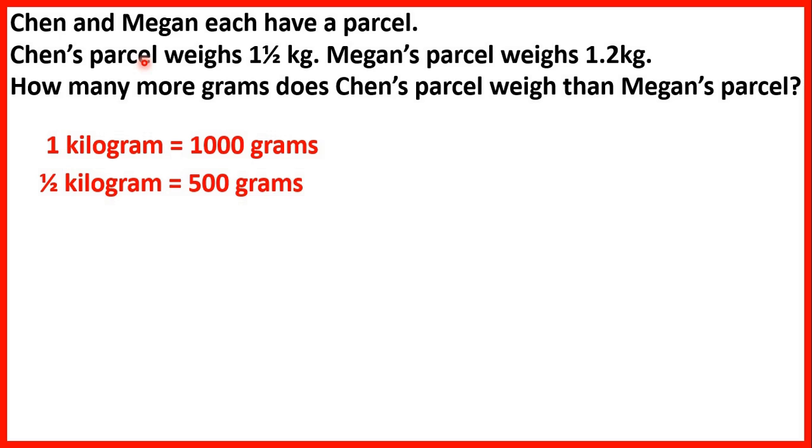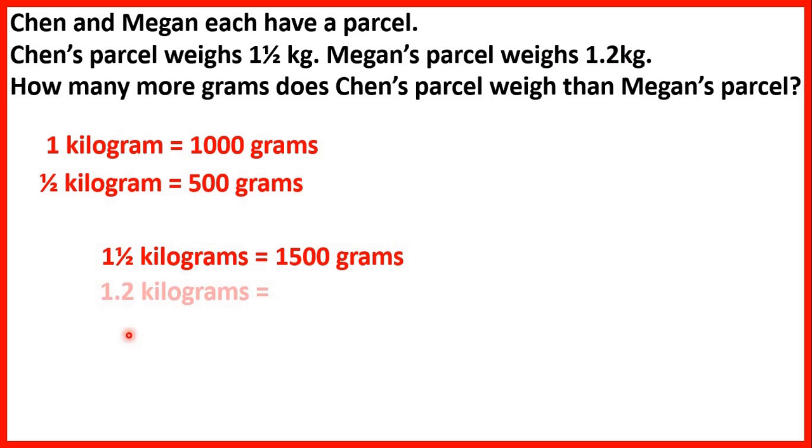So Chen's parcel is 1.5 kilograms. So that means it's 1,500 grams. So putting these two together gives us 1,500. Megan's parcel weighs 1.2 kilograms. So we need to work out how many grams there are in 1.2 kilograms.